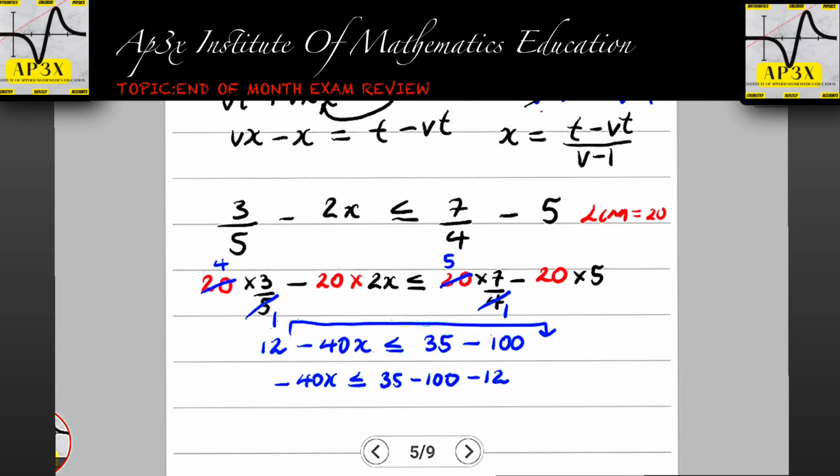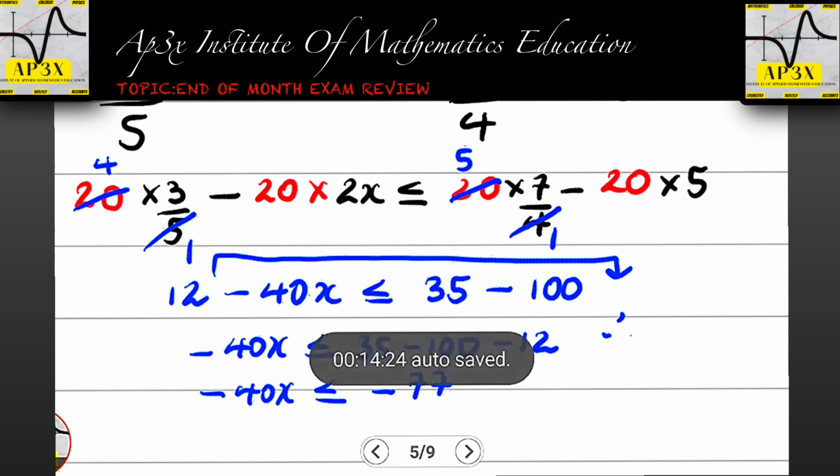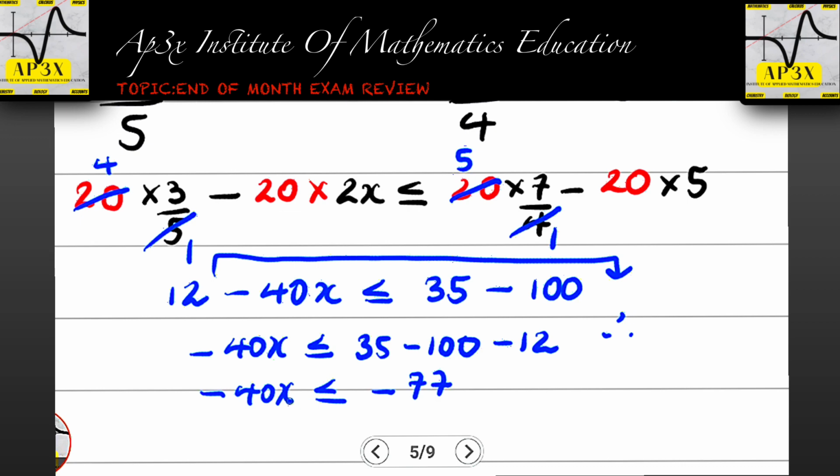So we're going to end up with, whoops, pardon me, negative 40x is less than or equal to 35, take away 100 is negative 65, and negative 65 minus 12 is negative 77. So then easily we can solve by dividing both sides by negative 40, bearing in mind that this is an inequality.